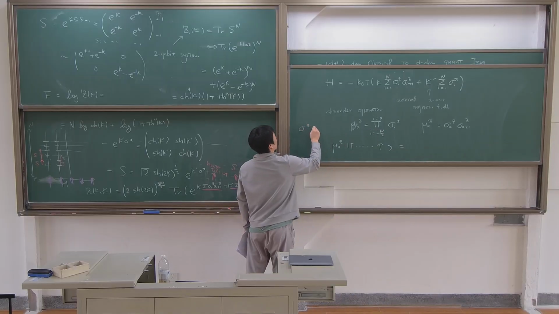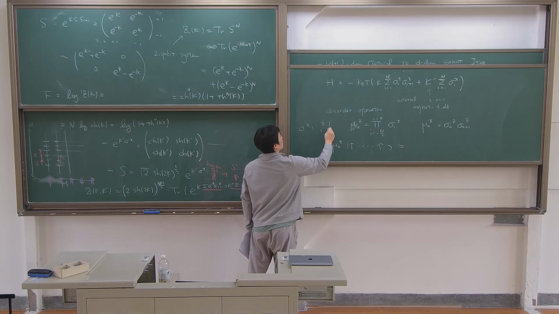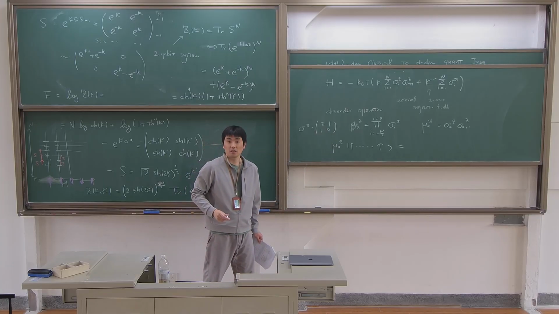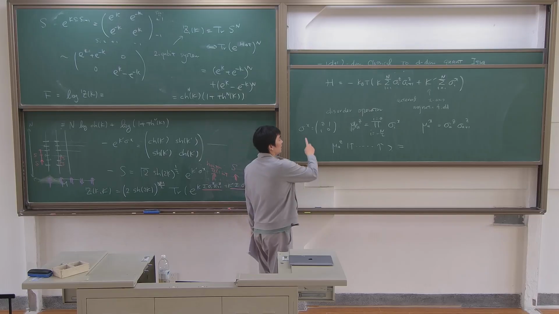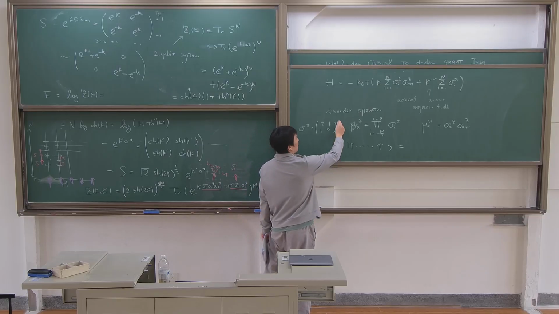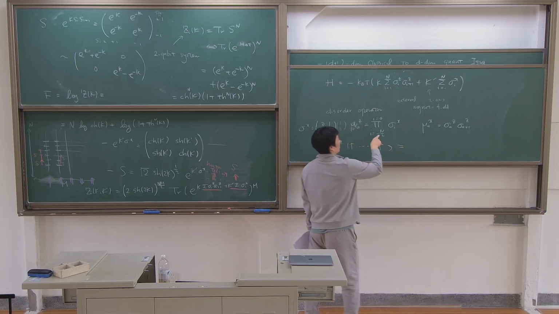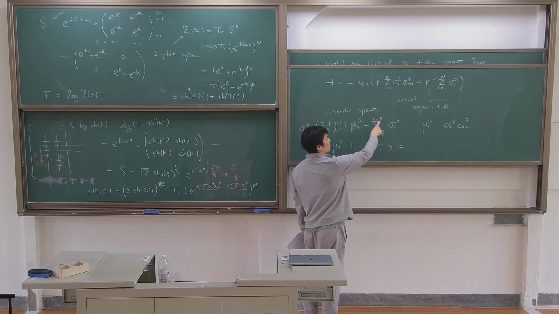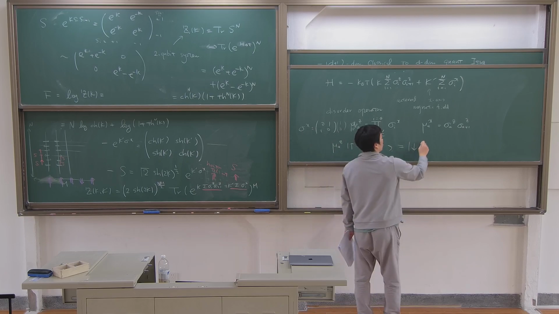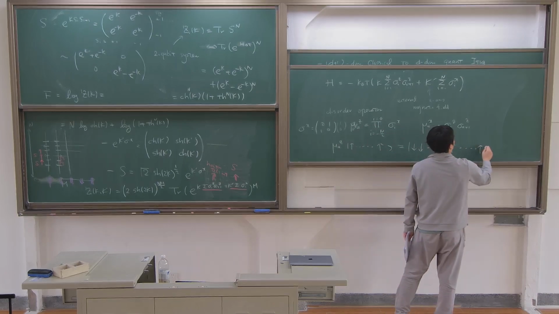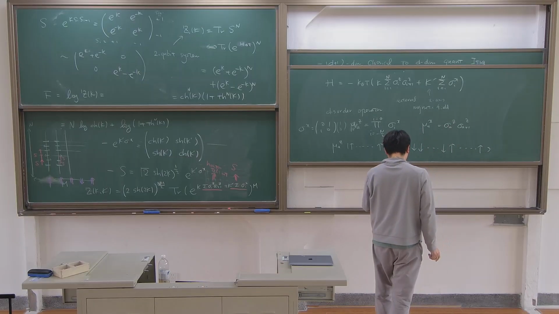Sigma x is something like 1, 1, 0, 0; this is the sigma x matrix. Therefore, if you act on the spin up state, it just flips. So that's what's going to happen.